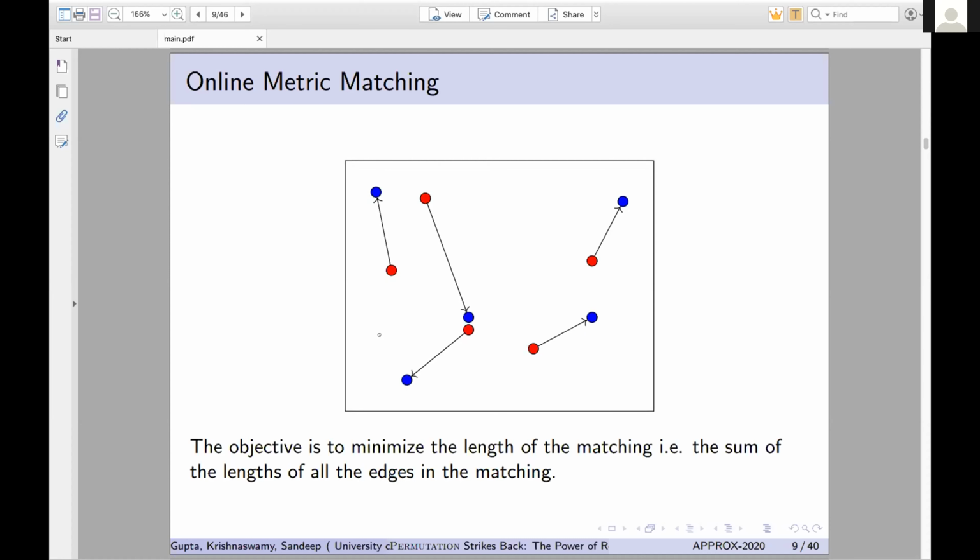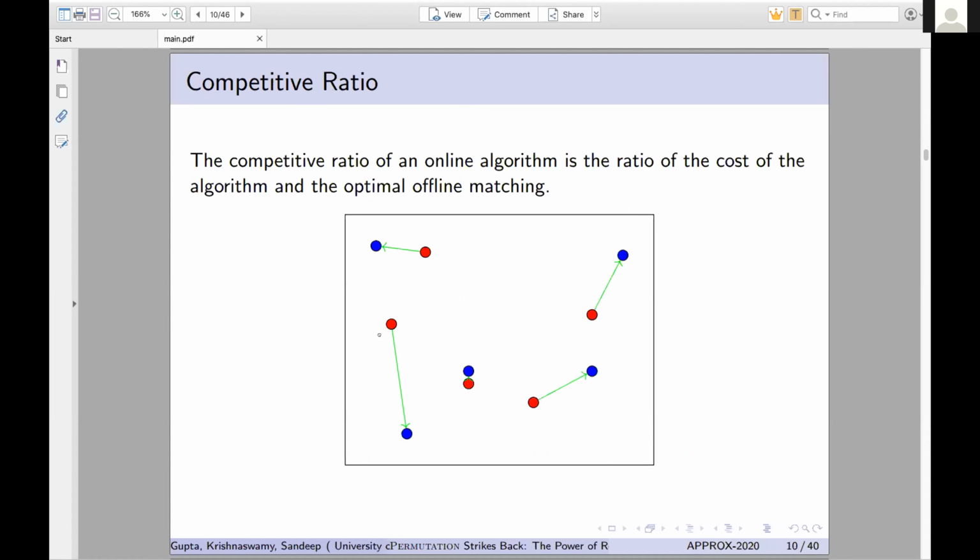So this is in contrast with traditional matching settings, where usually the goal is to maximize the number of edges or something. But here the key difference is that you always get n edges, but you just have to minimize the cost of the matching. And again, as in any online setting, our goal is to minimize the competitive ratio, which is the ratio of our cost with respect to the optimal cost.